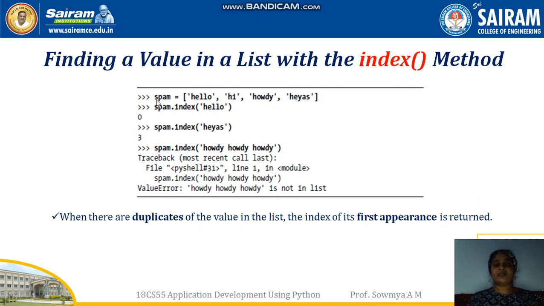Here we are finding the index of hello from spam, so you write spam dot index with hello. If you give a value which is not there, so we have howdy but we don't have howdy thrice within one string, then it generates a not in list error.